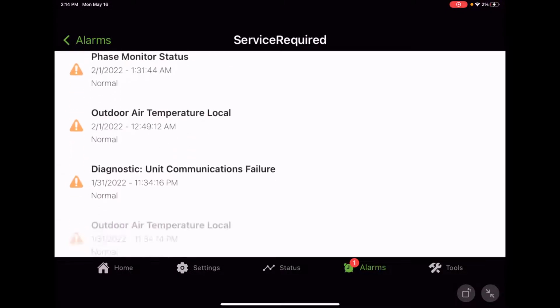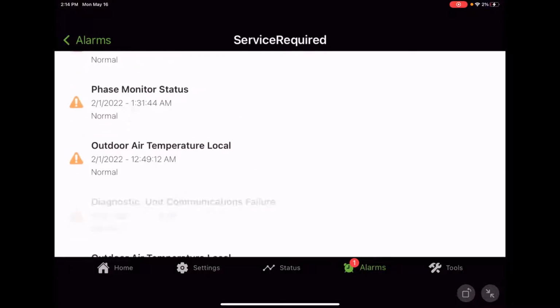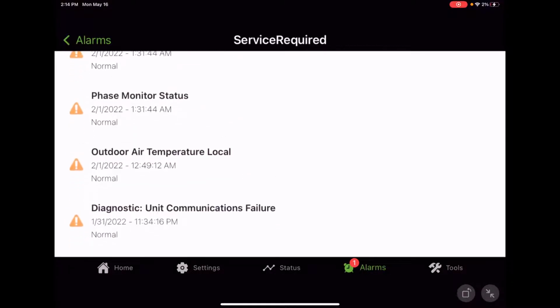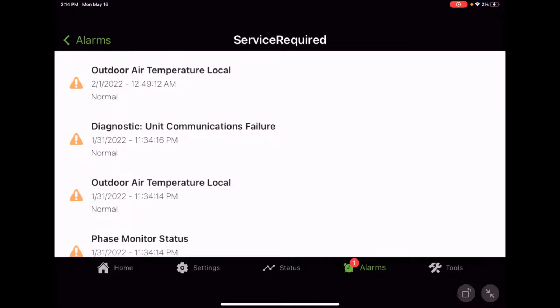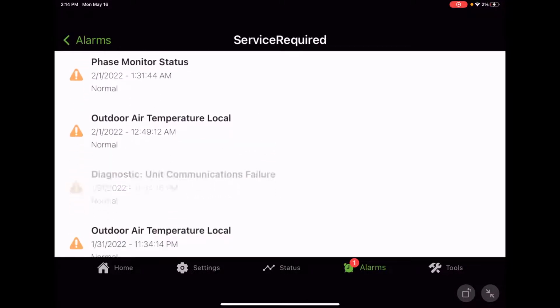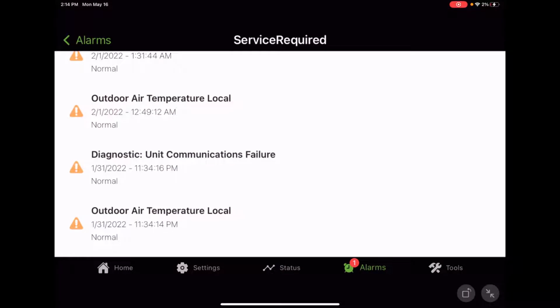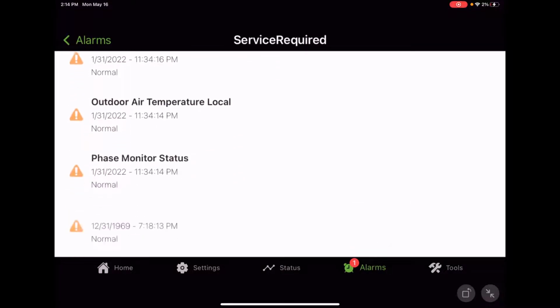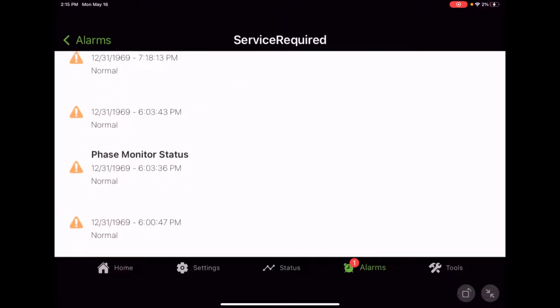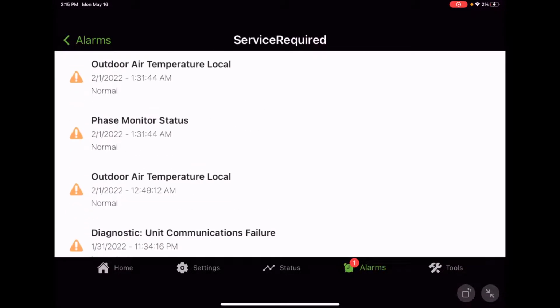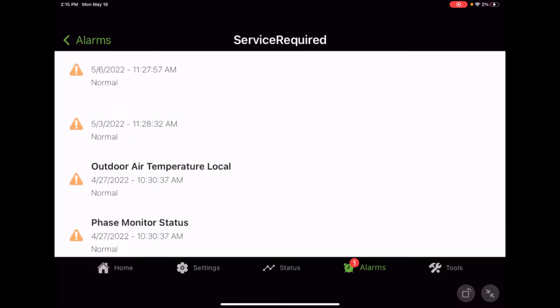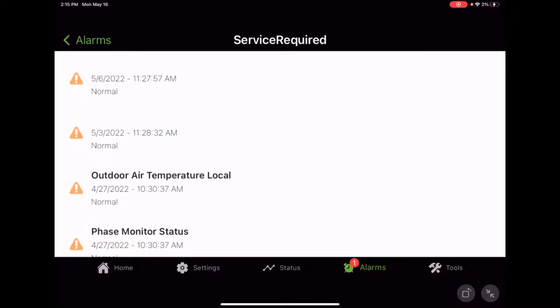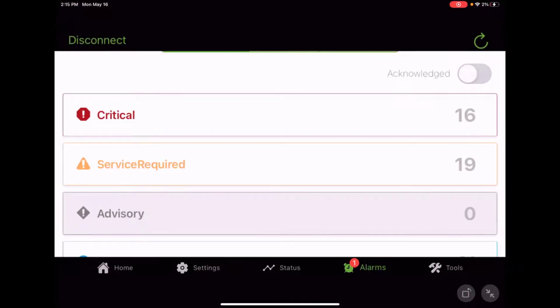So we've had lots of fun here with the outside air temperature and the phase monitor, and unit communications failure. We were obviously playing with that, and this unit lost communication at some point. So just general service required: important information, things we need to look at, things that could become a major problem, but they're not quite there yet.